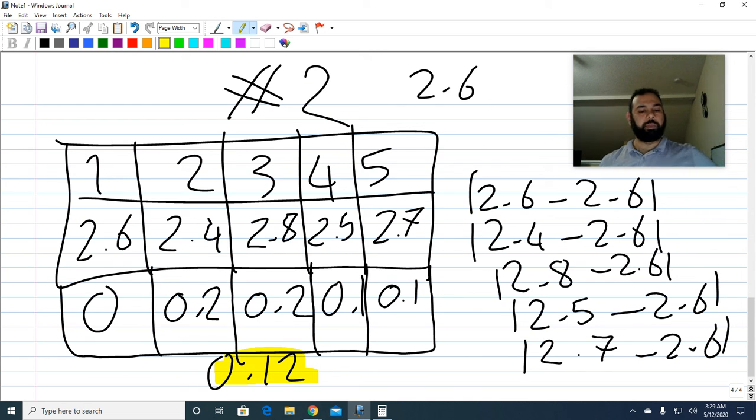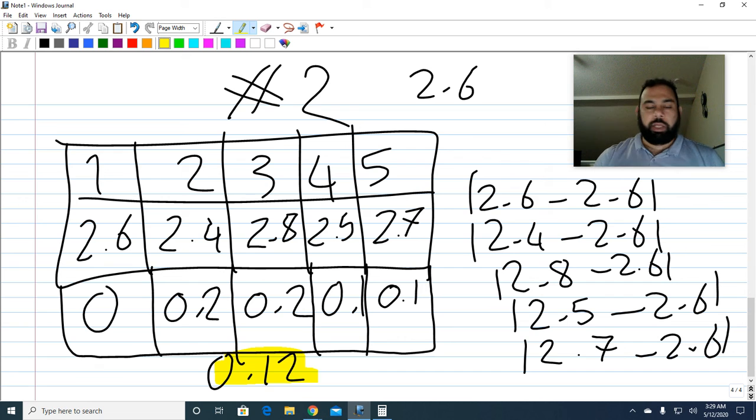Which one do you think is better? We are looking for less variability, so the better one is number 2. If you are raising hens or feeding your cats, you can see that on average, each chicken will be 0.12 pounds away from the average, which was 2.6.